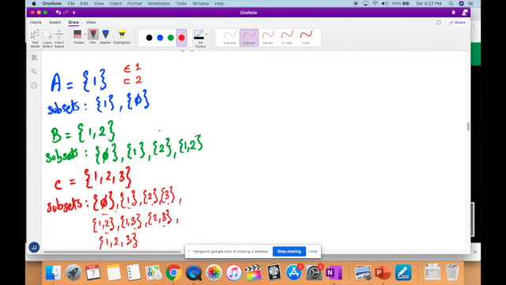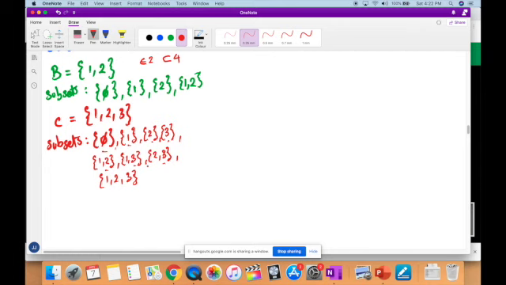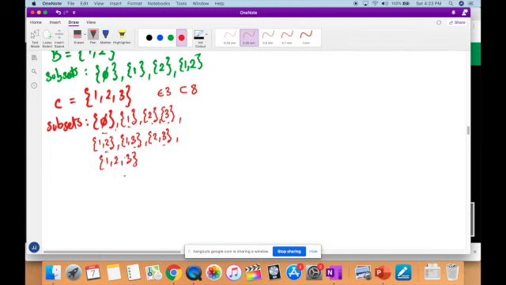Right? In this one, the number of elements was 2, and the number of subsets we got out of it was 4 subsets. Right? In this one here, the number of elements was 3, and the subsets that we got out of it was what? 8? Yeah?